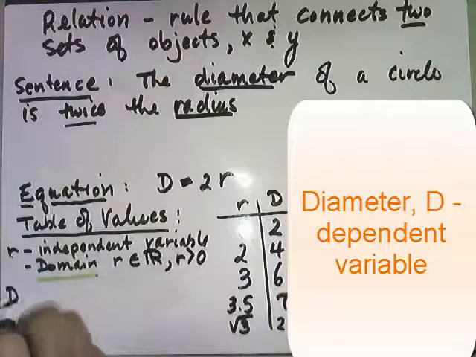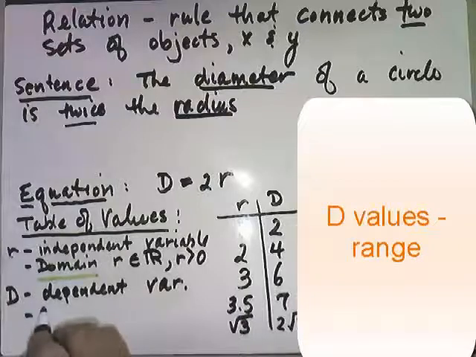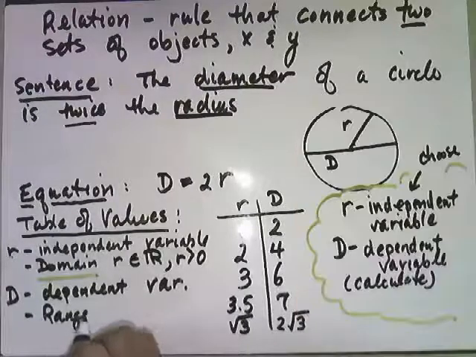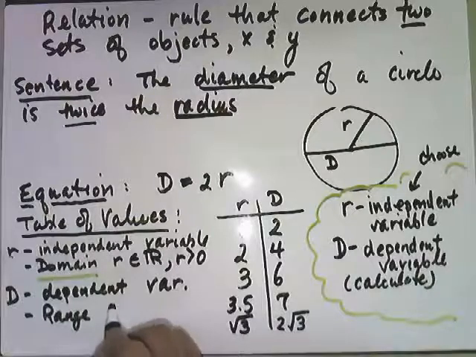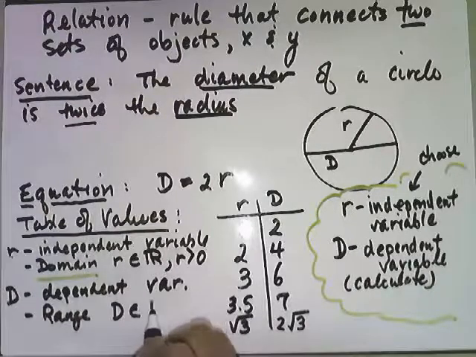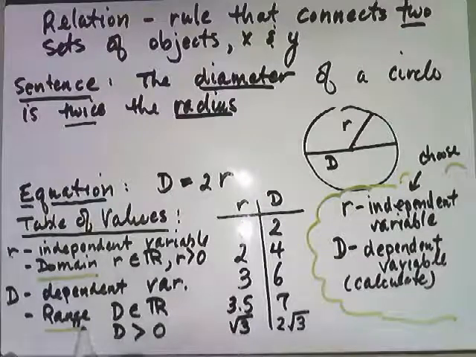The diameter, D, is the dependent variable, and it has range values. So you can think of range as up and down, mountain ranges, and D will also be an element of real numbers, but D will be strictly greater than 0. Another new term that you should know is the range.